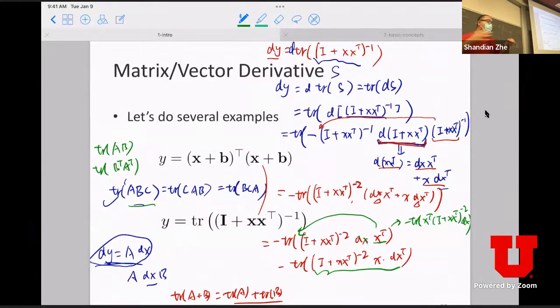The trace is always the summation of diagonal elements, and no matter whether you take the transpose or not, it doesn't change the summation of the diagonal. So we take the transpose of A times B, which is B transpose A transpose.